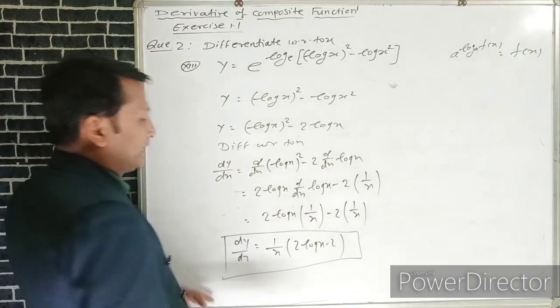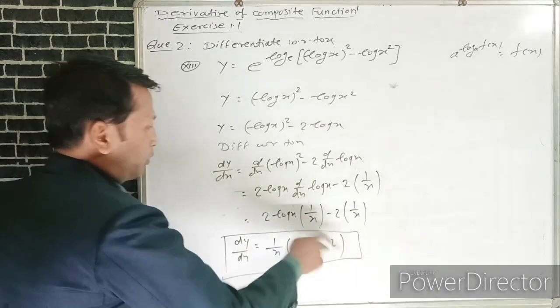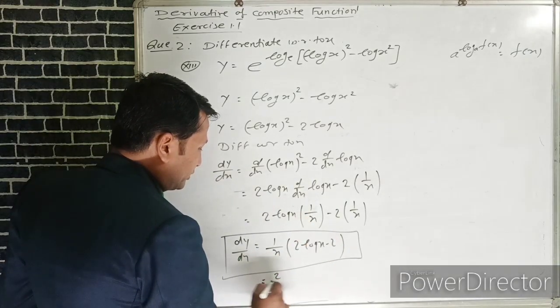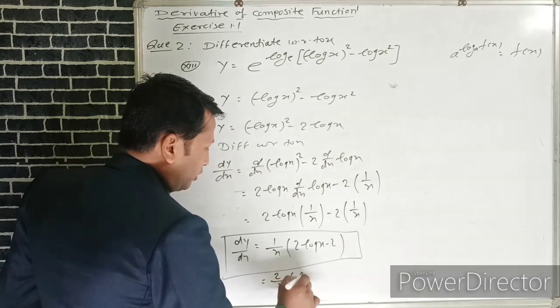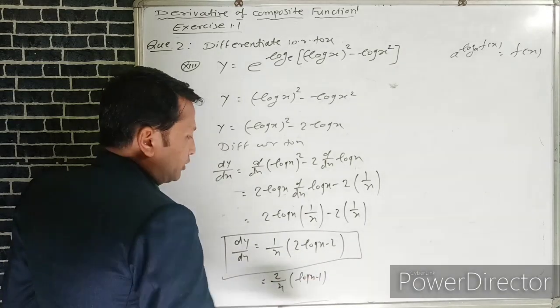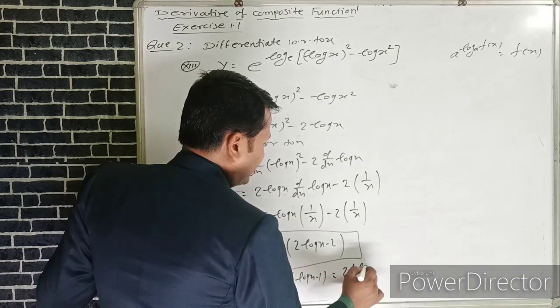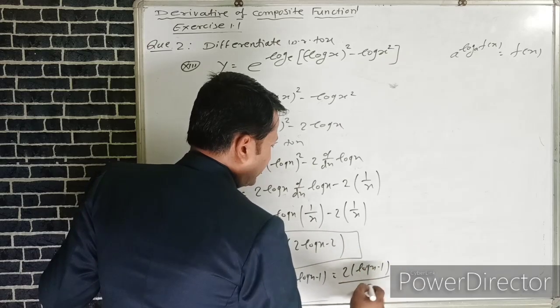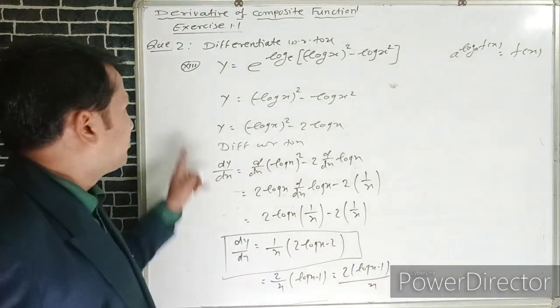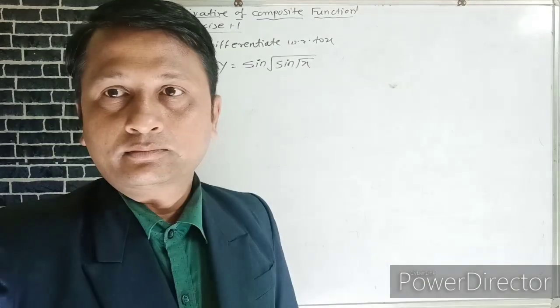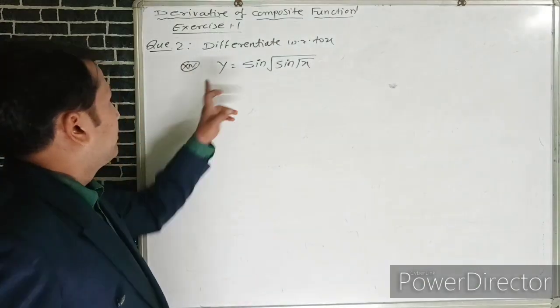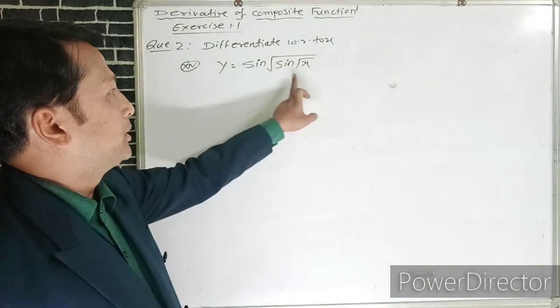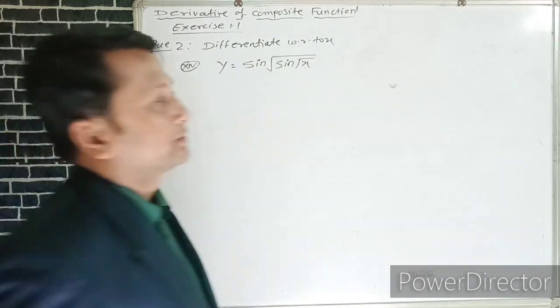Also we can take 2 common from these two terms, then we can write 2 upon x into log of x minus 1, or 2 into log x minus 1 upon x, which is the required derivative of y, dy upon dx. Next one, y is equal to sine of under root x.